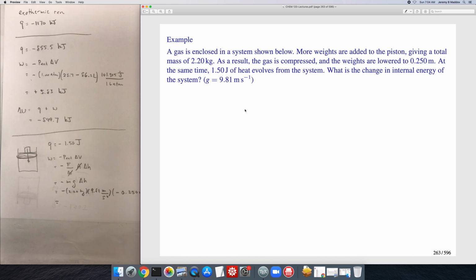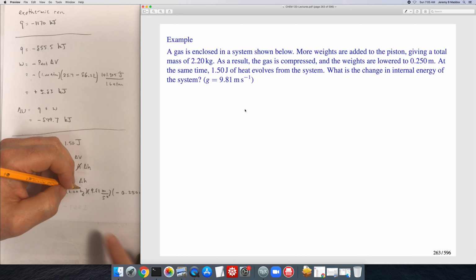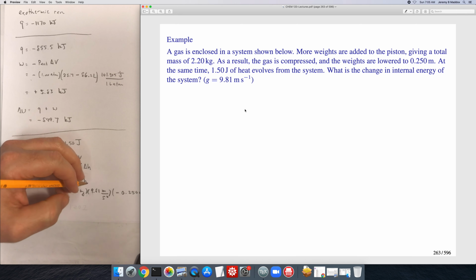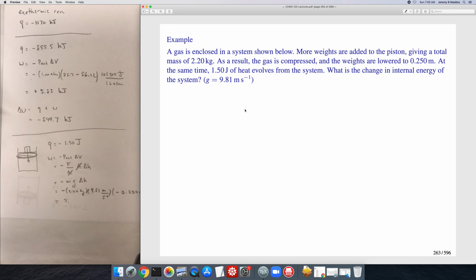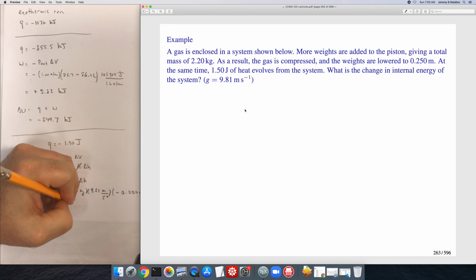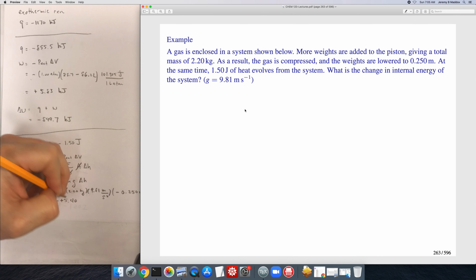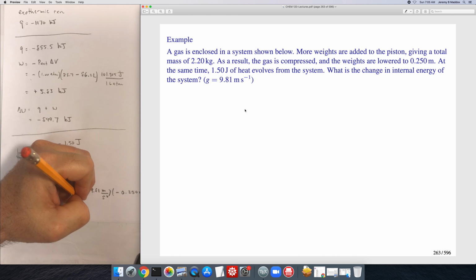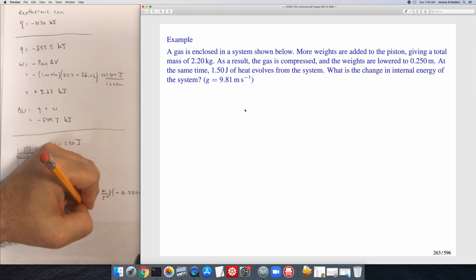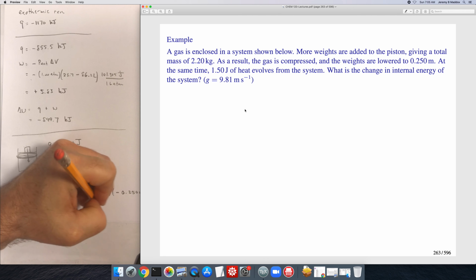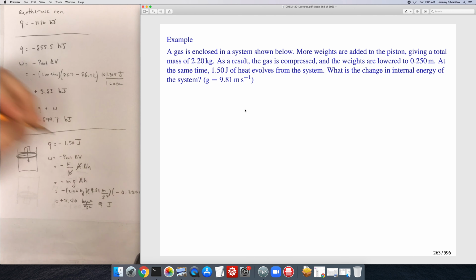So we'll go ahead and run these numbers here. These are all in SI units, so we're going to get plus 5.40, and that's kilograms meters squared per second squared, which is equivalent to the joule.